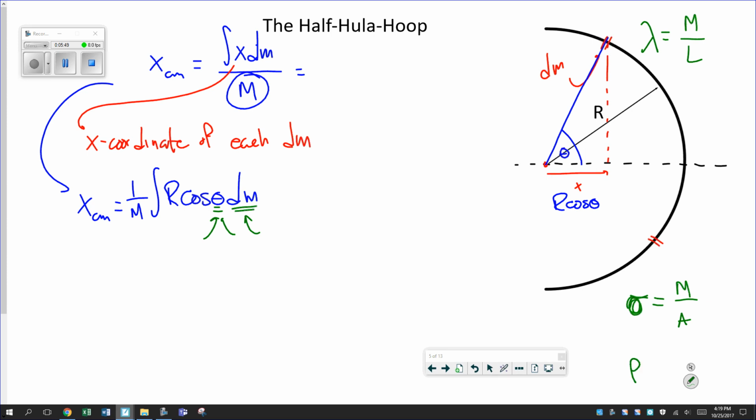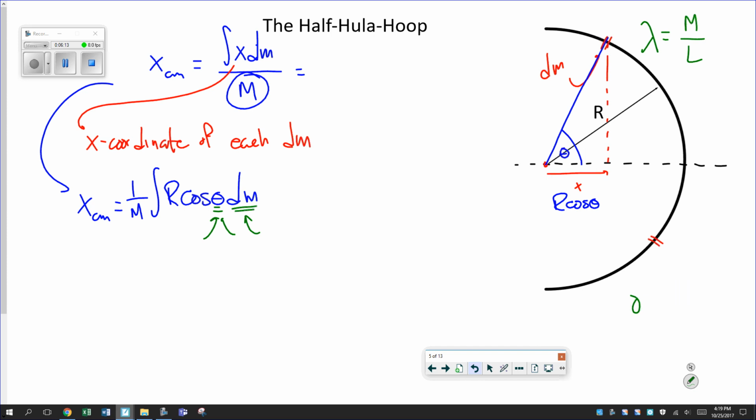There's, of course, our classic volumetric density, mass per unit volume. But since this thing doesn't have volume, it's infinitely thin in this dimension and in the one perpendicular to the page, it's just literally one-dimensional. It's a line that's bent. So it has a linear density that we call lambda.